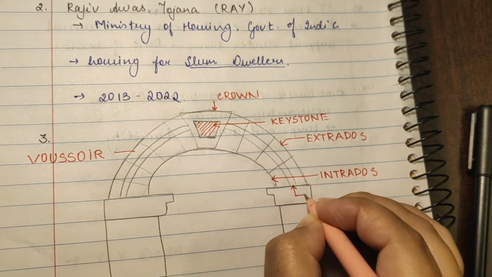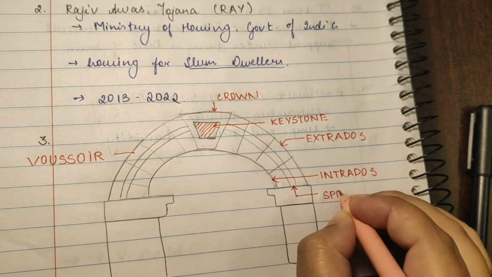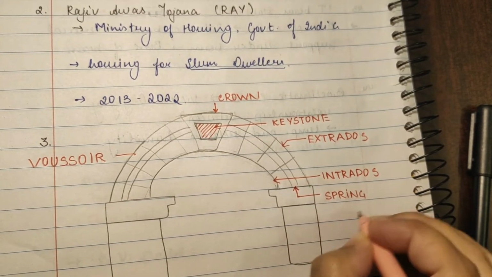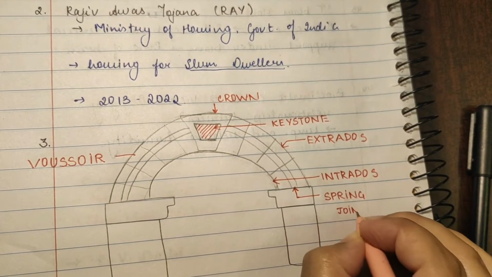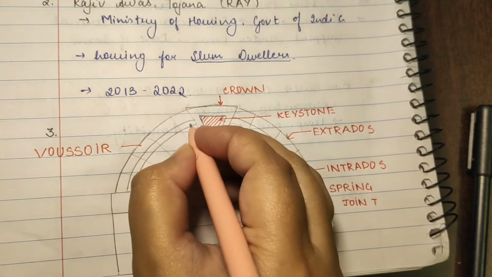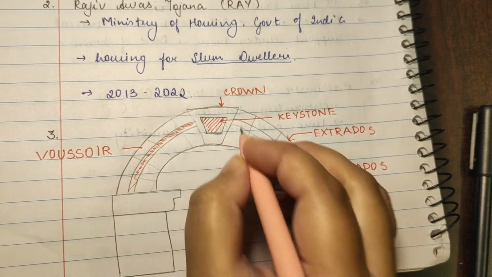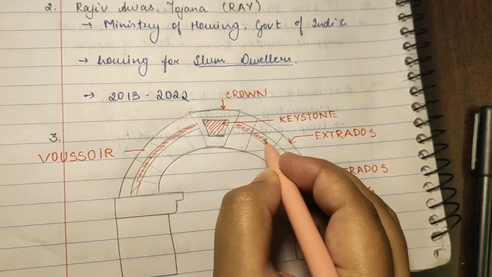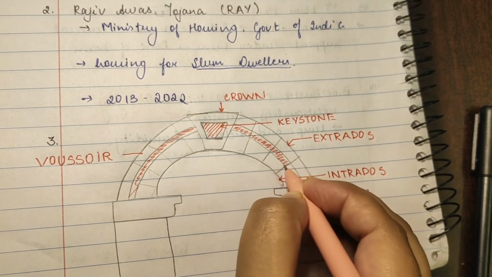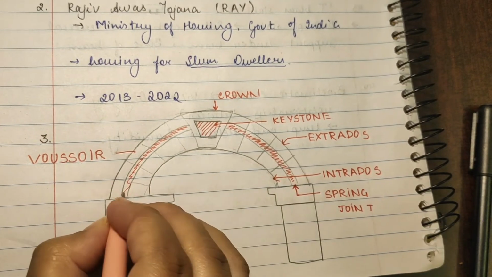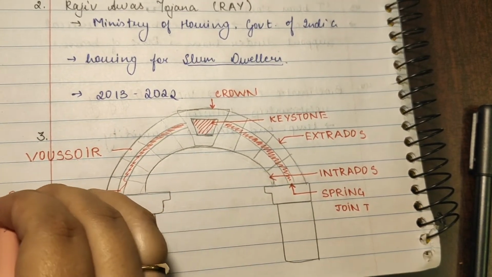This is known as spring joint. This is springer.